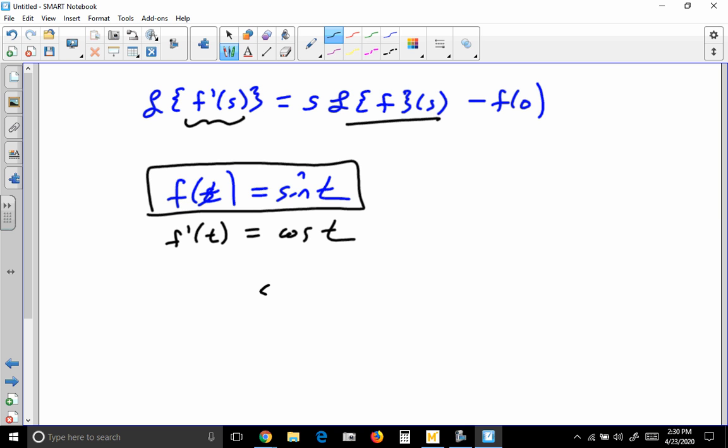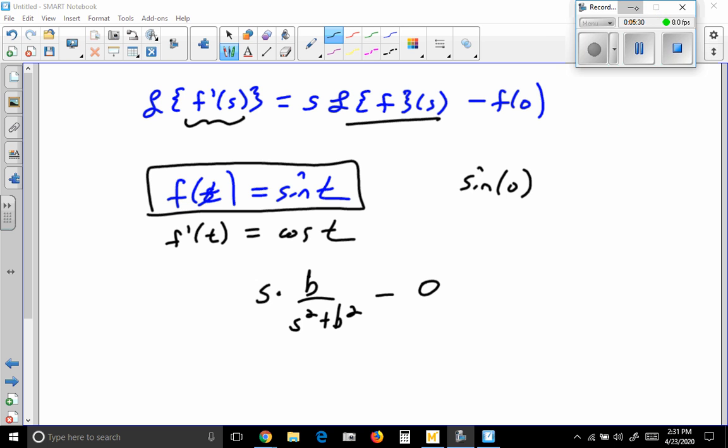It would be s times the transformation of sine. So the transformation of sine is b over s squared plus b squared, minus sine of 0, which is 0. Let me make sure I said this correctly.